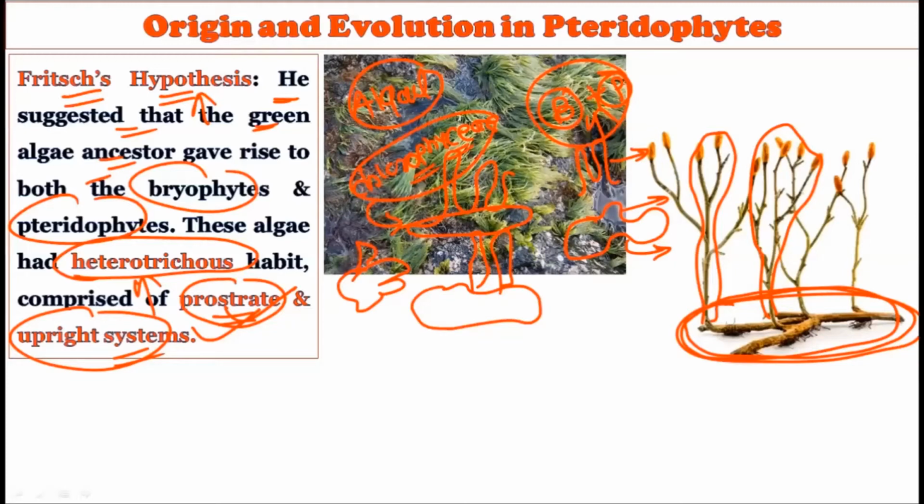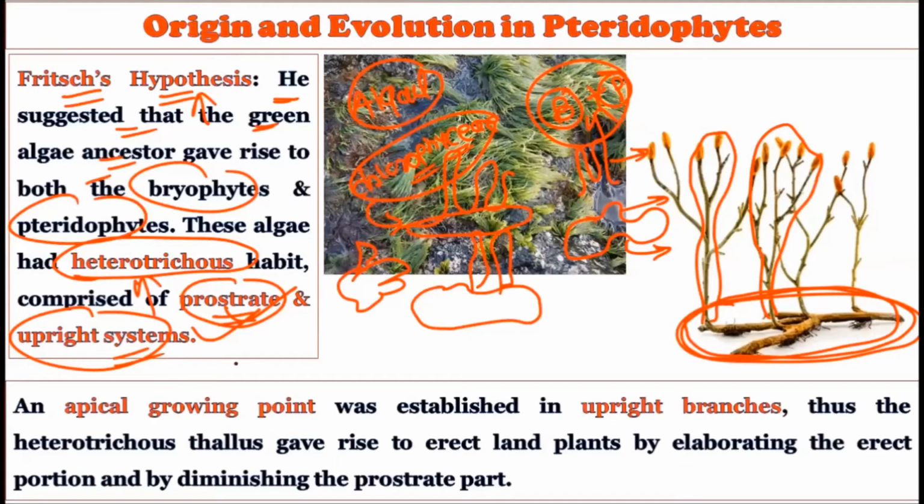Okay, so when we consider the heterotrichous habit of the algae, we came to know there were two types of habits shown by these chlorophytes members, and when we combine these two types of habit, it will create the bryophytes or pteridophytes, right? See, the apical growing point was established in the upright branches. What are the upright branches in the algae?